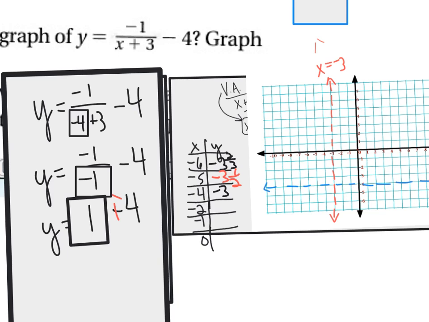And we can kind of look at this if you want to see what's going on with those points before we do the other part. So -6, -3 2/3. We're kind of close to that line. -5, -3.5. And then -4, -3.